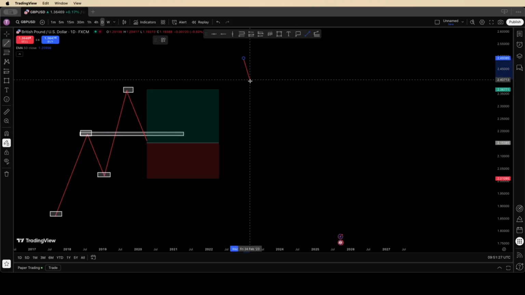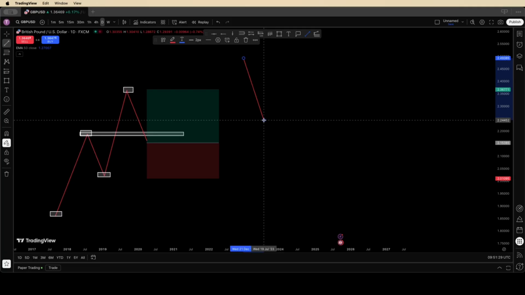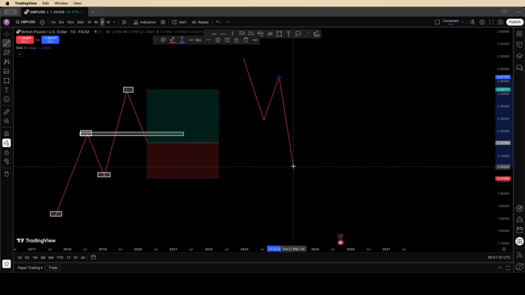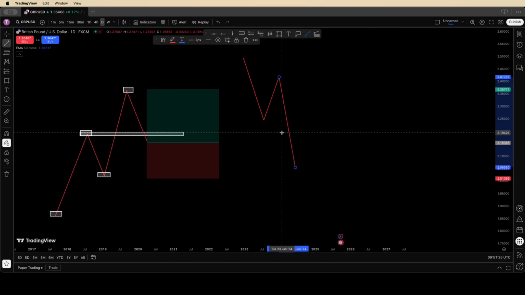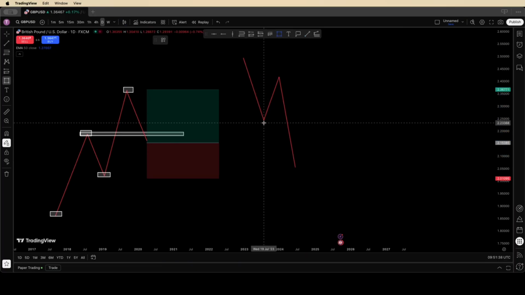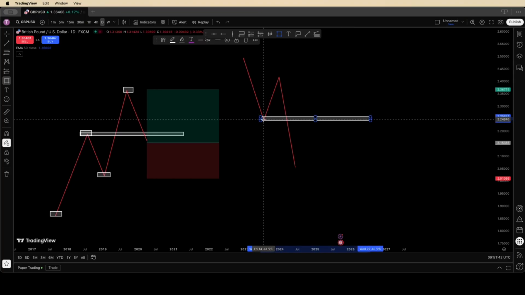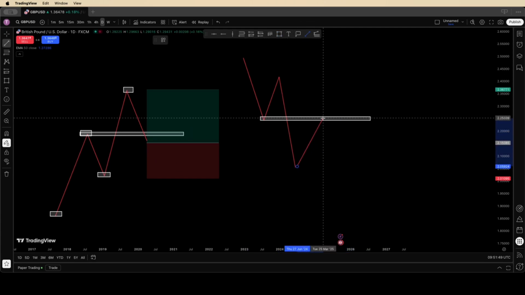We find a high, and then we find a low, and then we find a lower high, and then we want a lower low. Then we can mark this low which it has broken, and then we wait for the market to come back.